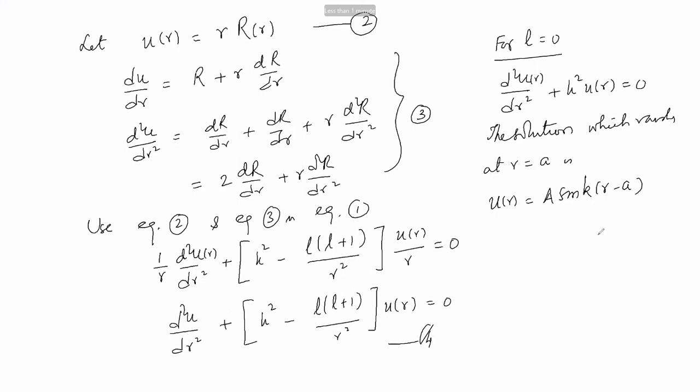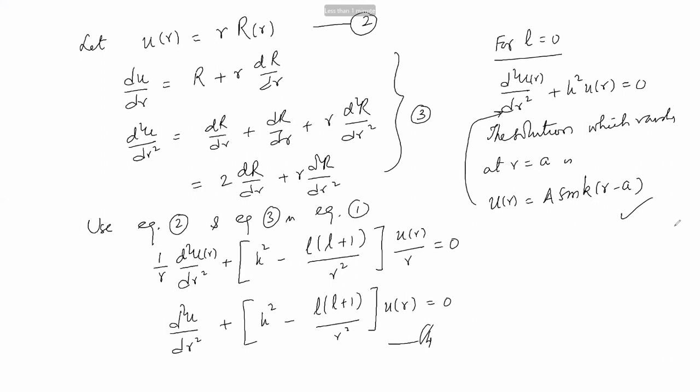u(r) is equal to A sin k(r minus a). This is the solution. As you put it back, you will get 0 on the right hand side. Therefore, this is a valid solution.